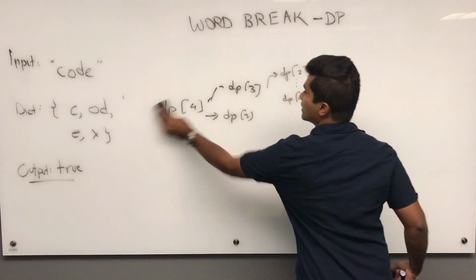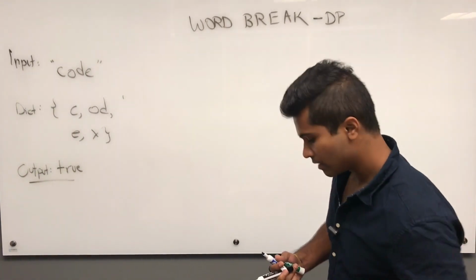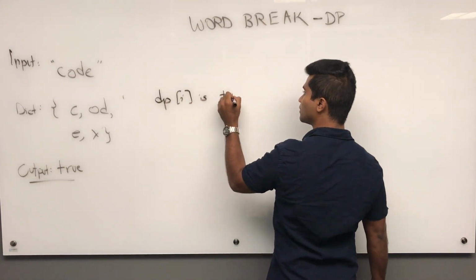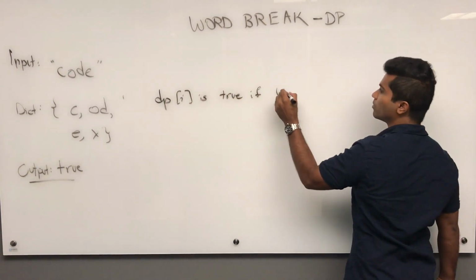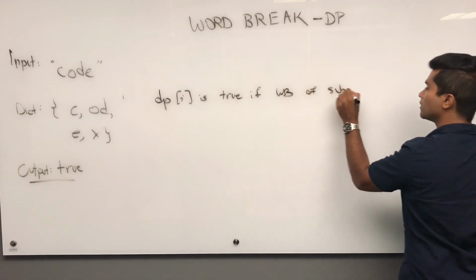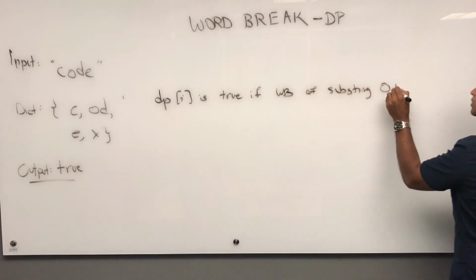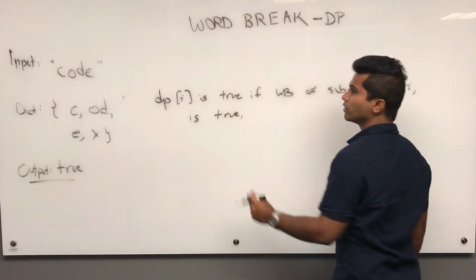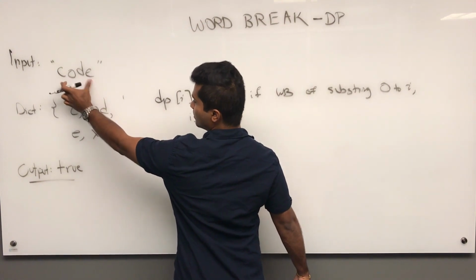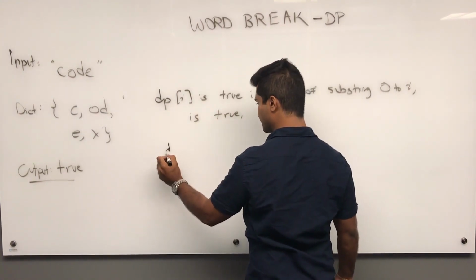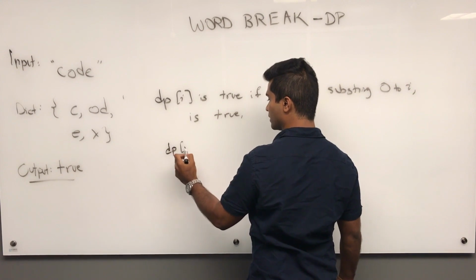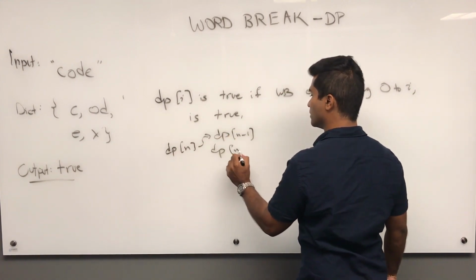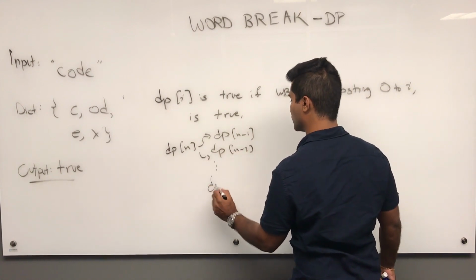Now, let's define what DP is. DP of i is true if the word break of substring 0 to i is true. So if we want to know the DP of length n, then DP of n is going to be based on DP of n minus 1, DP of n minus 2, and so on and so forth, down to DP of 0.